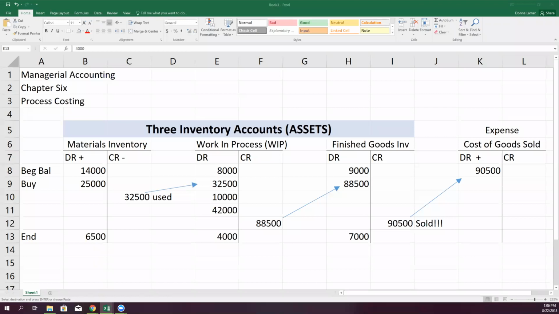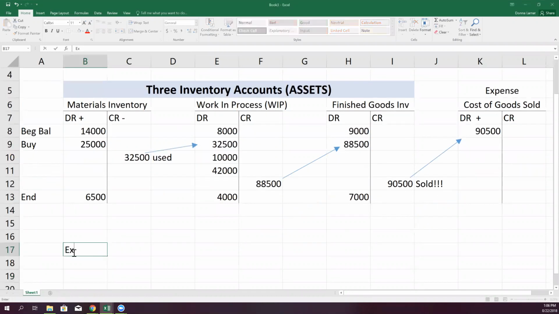Okay, we're going to look at exercise 22 on page 264. It tells us that the manufacturing company had no beginning work in process. We're looking at the number of units in process.